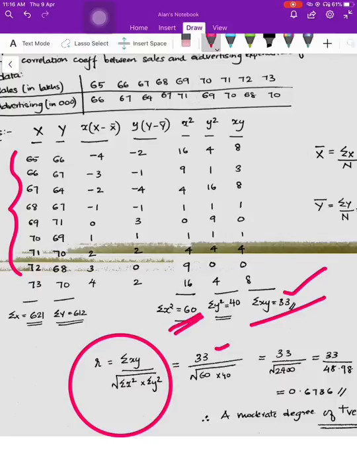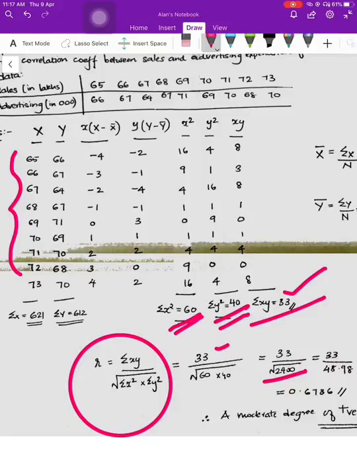Then again we have sigma y square's value as 40, so that 40 is also taken in here. Now again we will be just doing the calculations, and you can see 60 into 40 is 2400, and 33 divided by root of 2400. The value of r will be coming as 0.6736, right?